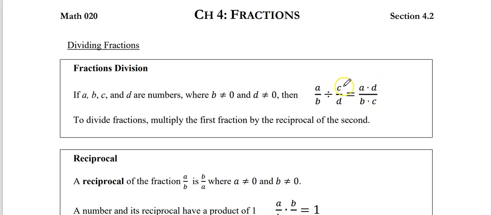Notice how the second fraction that was c over d got flipped, and now it's d over c, as well as the division changed into multiplication. So that's our rule. When dividing fractions, you keep the first fraction unchanged, you change the problem into multiplication, and you flip the second fraction.